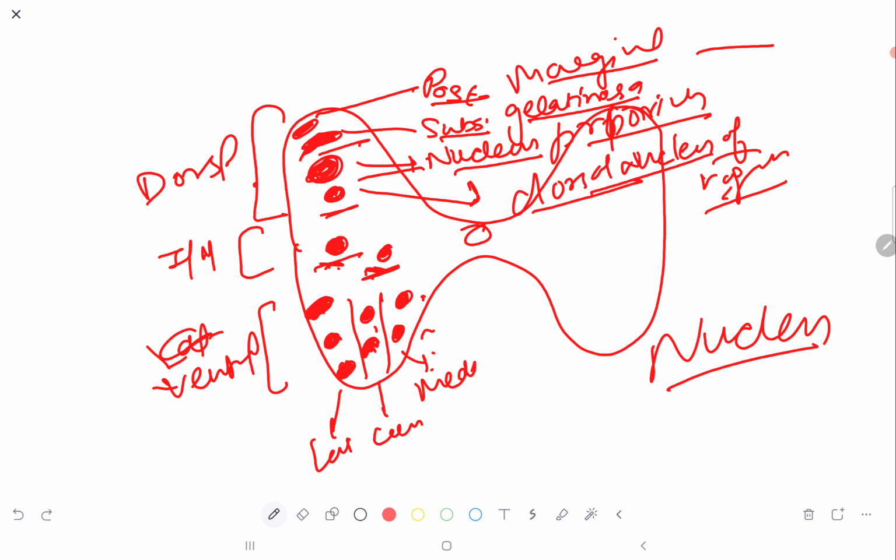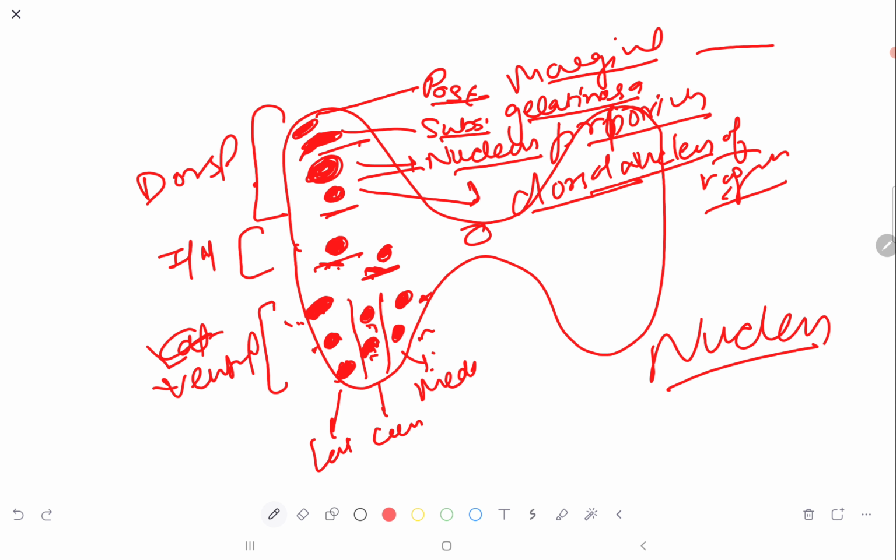Then we have retrodorsal, retrodorsolateral, dorsolateral, and ventrolateral. Then we have the accessory nucleus and phrenic nucleus. Then we have dorsomedial and ventromedial.